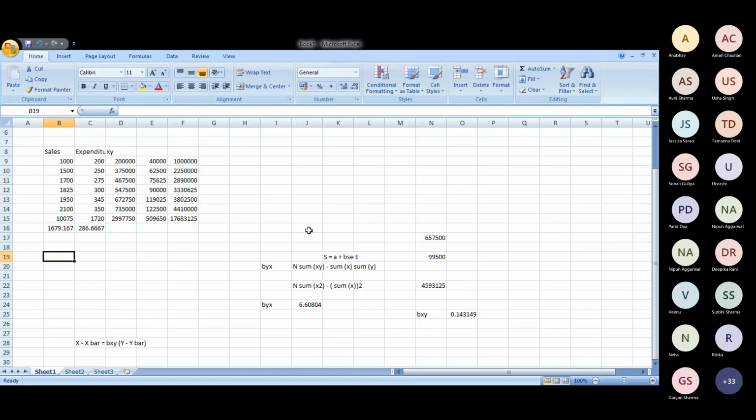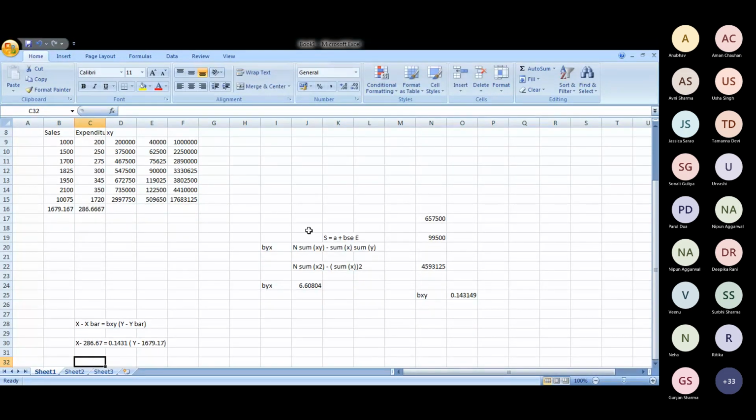So we apply this in the formula: x minus 286.67 is equal to bxy, which we have calculated as 0.1431, times y minus y bar, where y bar is 1679.17.